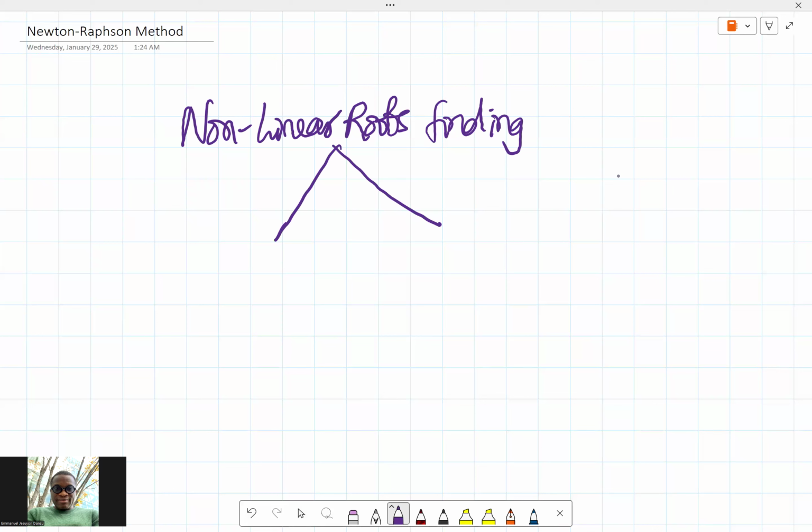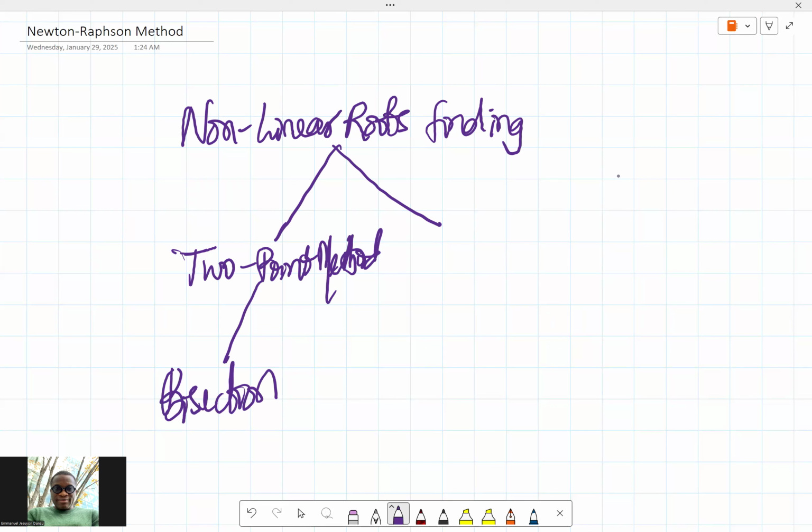We have identified two major kinds of methods to find these roots. We have 2-point methods, where we need an interval, like in the case of bisection, or two initial guesses, like in the case of the secant method.